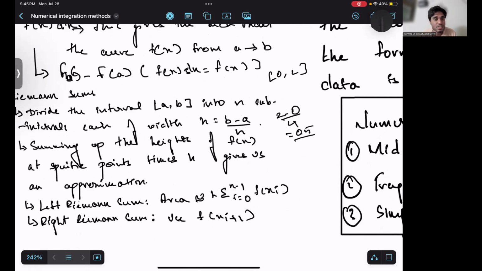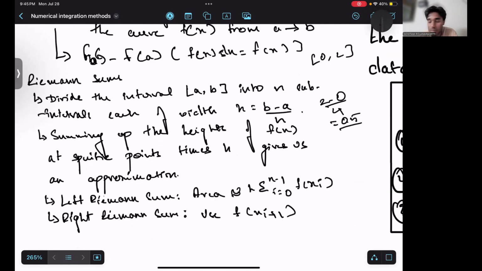So these are the subintervals we're going to turn our main interval into. Summing up the heights of f of x at these specific points times h gives us an approximation. In easier words, at these subintervals, we find the value of f of x, and then we multiply it with h, and the summation of all these points gives us an approximation of what the integral value is.